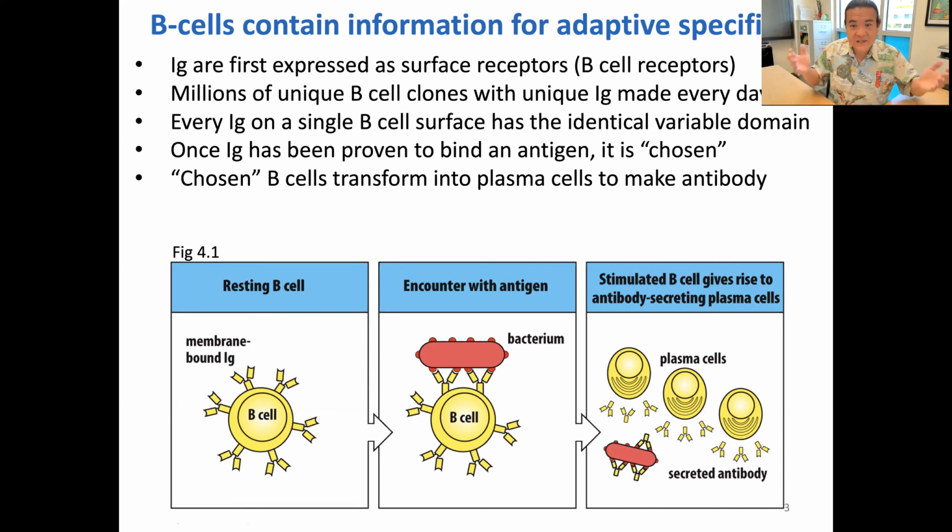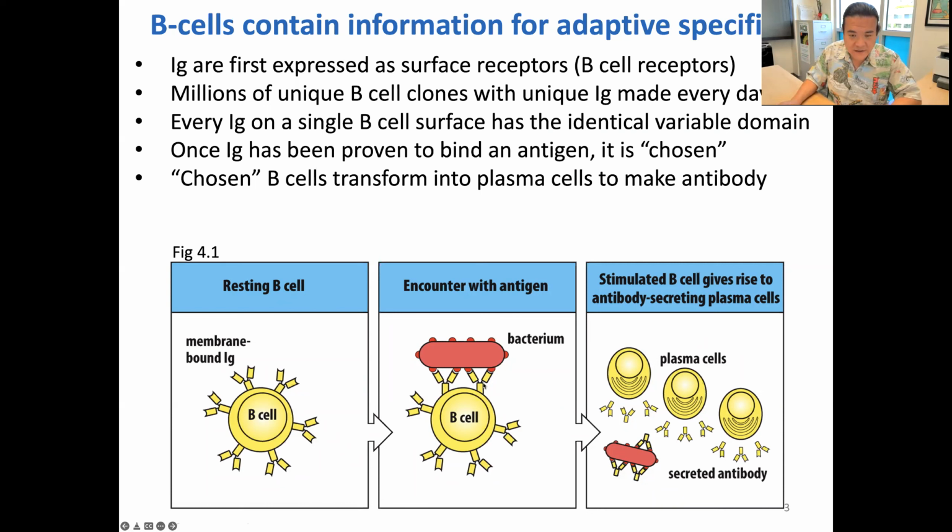Chances are the vast majority of them are going to end up being useless. Because what are the chances that on a given day a particular pathogen that enters your body has certain antigens on its surface, that a given B cell, if you're following that B cell around in your blood somewhere, actually has the right shaped immunoglobulins for it? It's actually really slim, right? But that's how our immune system deals with it.